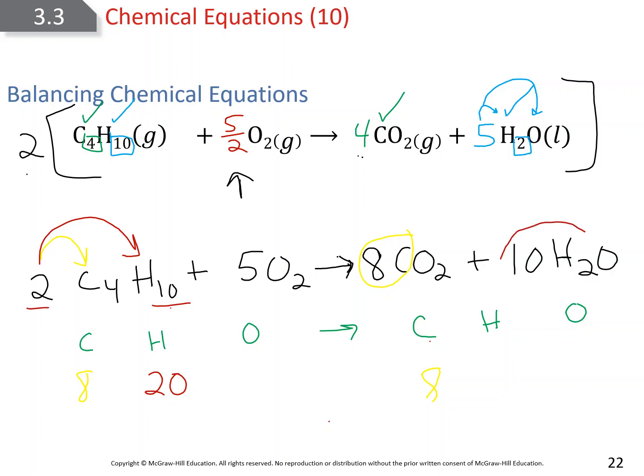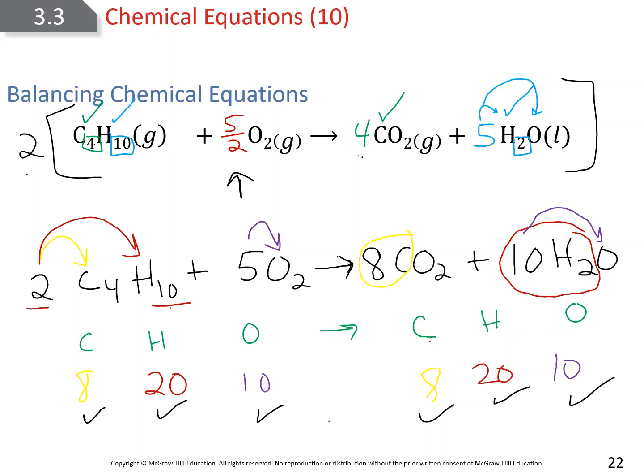And I got the same thing going on here, 10 times 2, so 20 hydrogens. Then finally, I have 10 oxygens and 10 oxygens. You will note that these are all the same. So I have a balanced chemical equation because all the same elements on the left and the right-hand side of the arrow are balanced. They have the exact same number left and right.